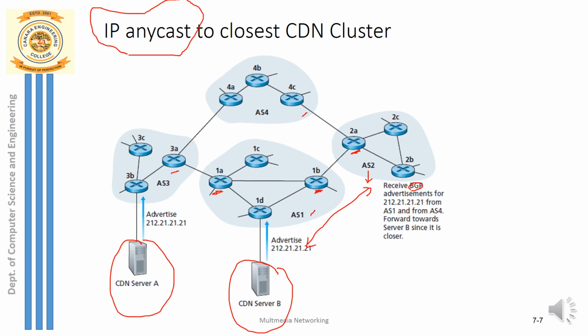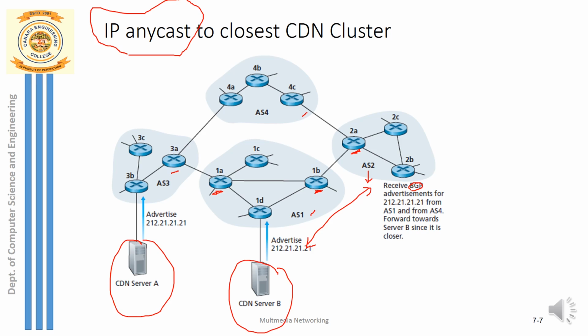Through shortest path calculation, the information reaches 3A, and router 3A shares it with border router 1A through BGP, and also with 4A through BGP. Then 1A, through an intra-AS routing protocol, shares the information with 1B, and 1B passes that information on to AS2.